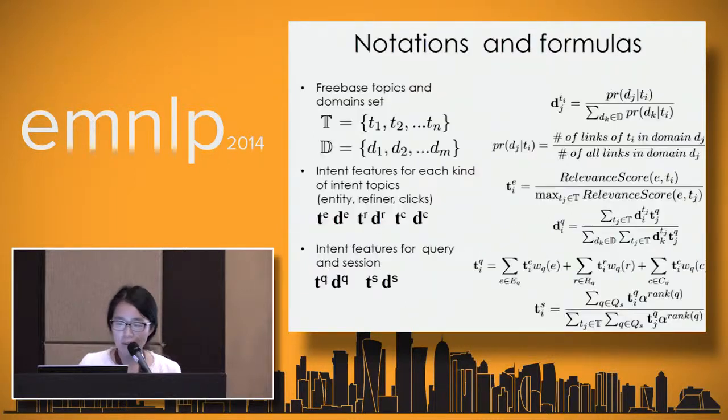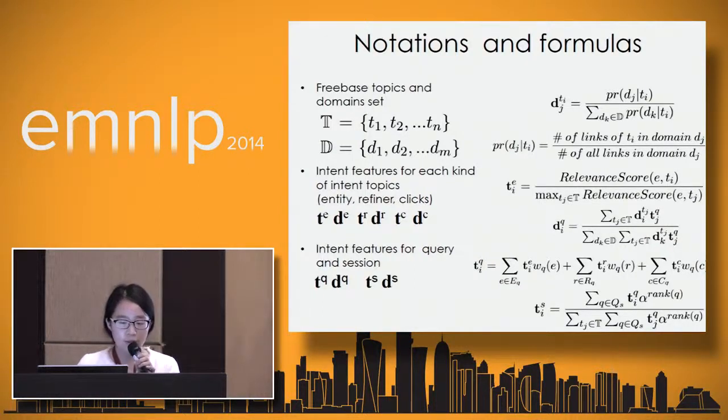So these are the notations and formulas. They look a bit complex, but the idea is very simple. You have to notice that the T and D with numbers as subscripts denote the topics and domains in Freebase, and the rho in bold means the feature vector.